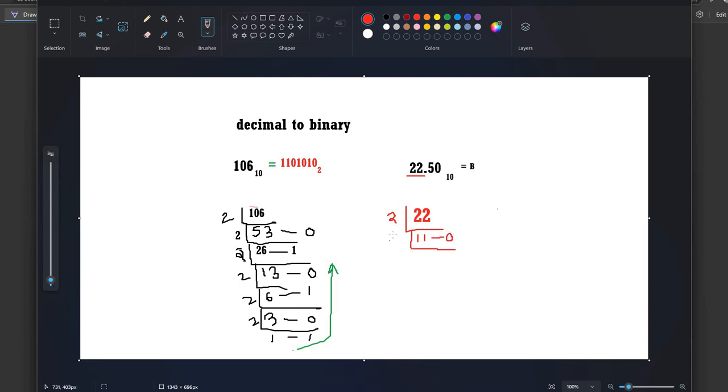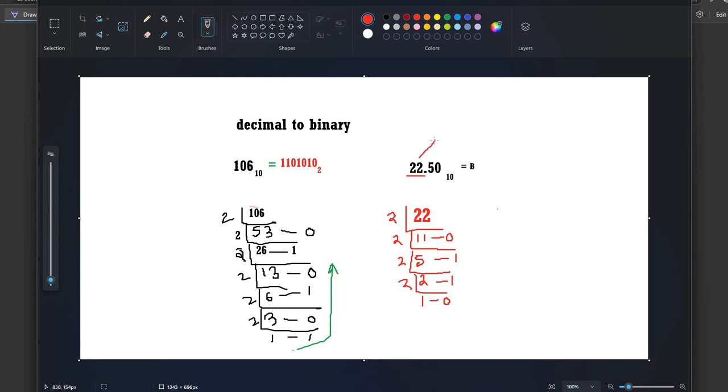We divide 11 again by 2: 2 5s are 10, the remainder is 1. We divide again: 2 2s are 4, the remainder is 1. We divide again: 2 1s are 2, the remainder is 0. So what will be this part's value?